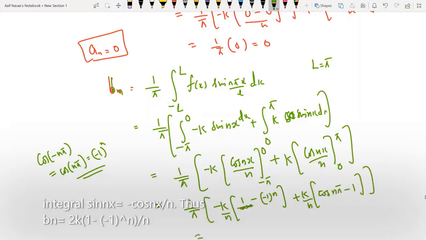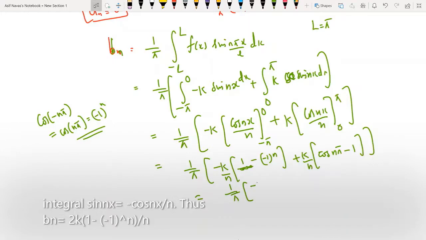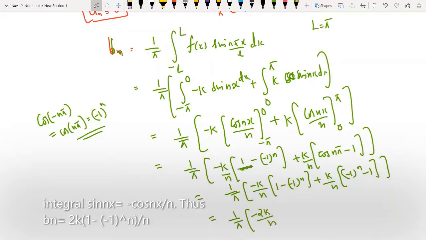So this is equal to 1 by pi, minus k by n, 1 minus minus 1 power n, plus k by n, minus 1 power n minus 1. So we will get 1 by pi, minus k by n, and minus k by n is there, so minus 2k by n.